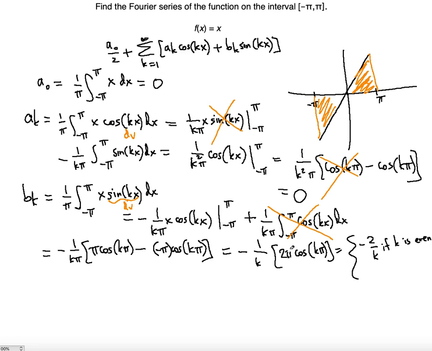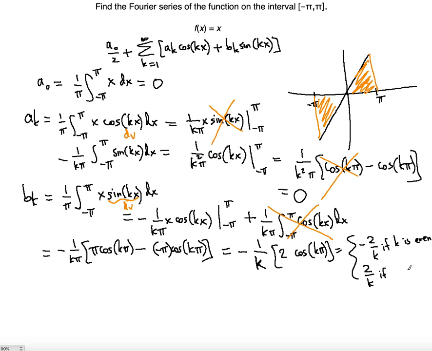So this should be like that. You see, the denominator and numerator pi's cancel out. So I should adjust this. So this is just k and then 2 cosine k pi. So negative 2 over k if k is even, because cosine of 0 is 1, 1 times 2 is 2. That's it. You get that.